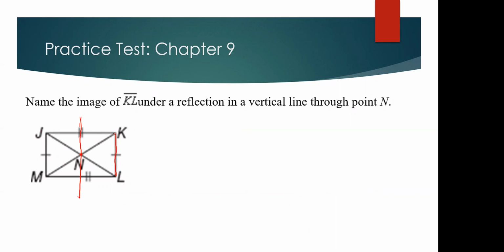So it has to be the same distance from the line that goes through point N. The only thing that's going to be the same distance is this line here, and we know that because the length of these two sides is the same, and this is the midpoint halfway between each of these lines. So that would be side JM. That would be the reflection of KL.